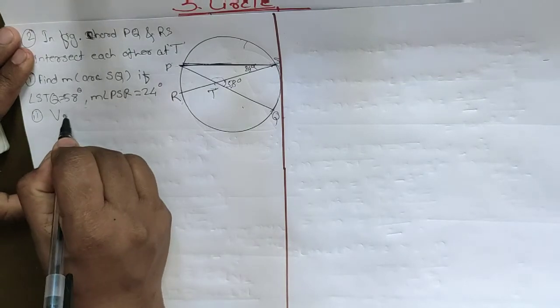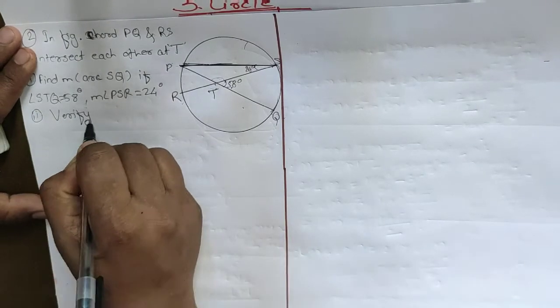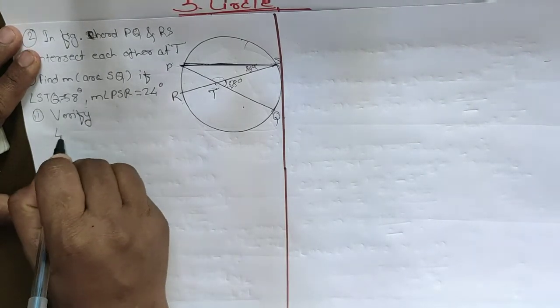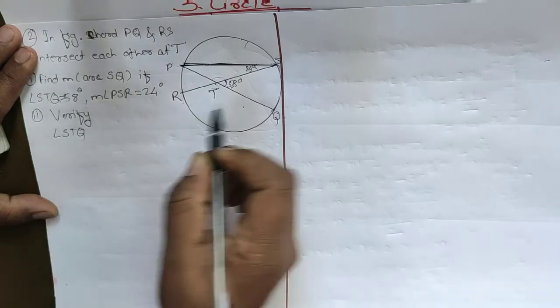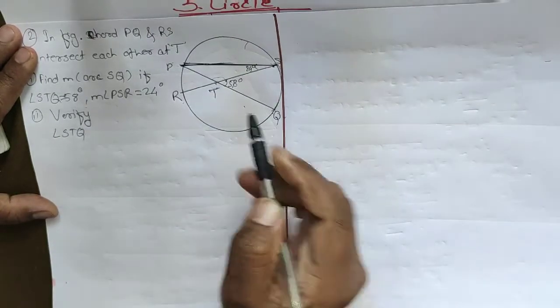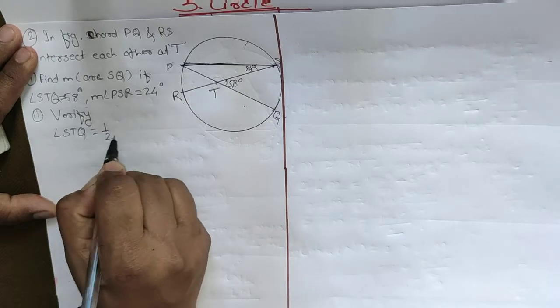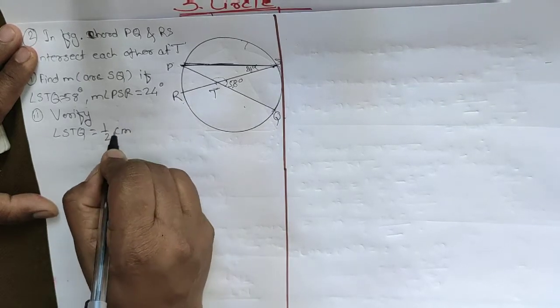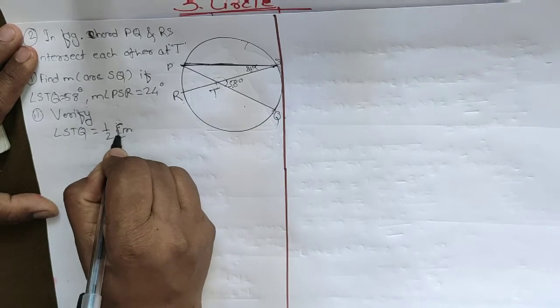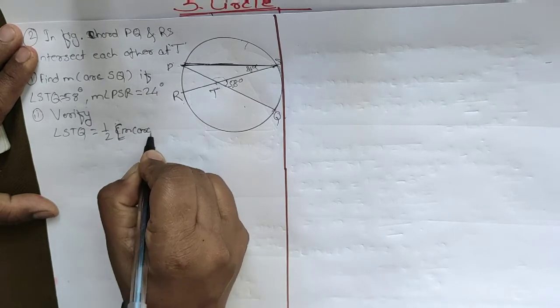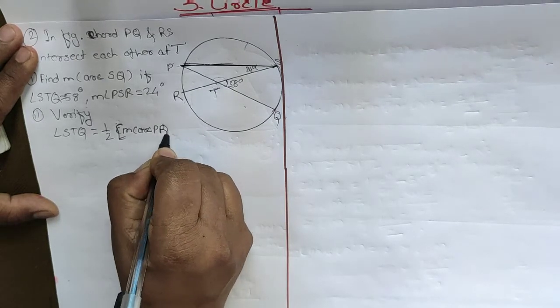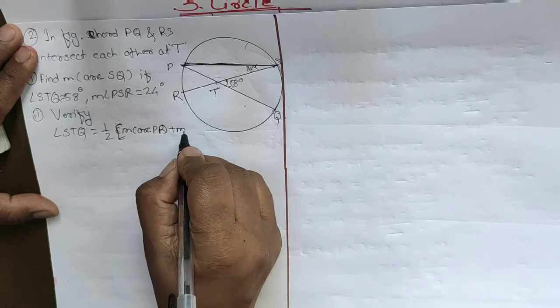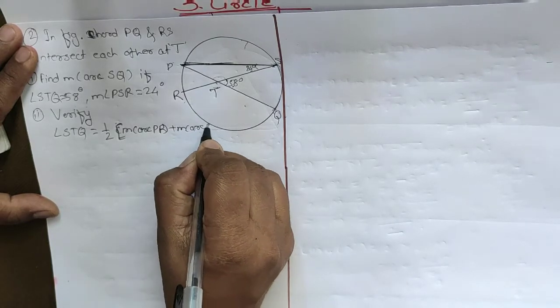Verify angle STQ. Angle STQ is equal to 1/2 the measure of arc PR plus the measure of arc SQ.